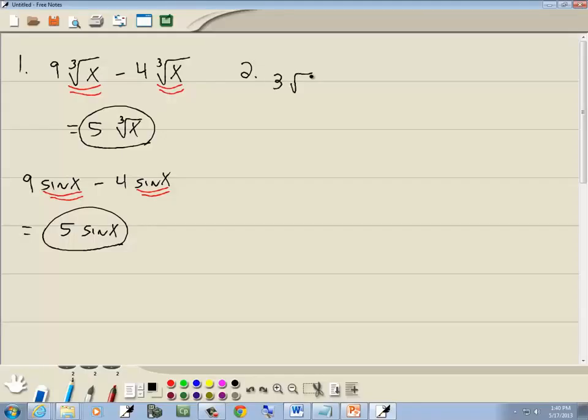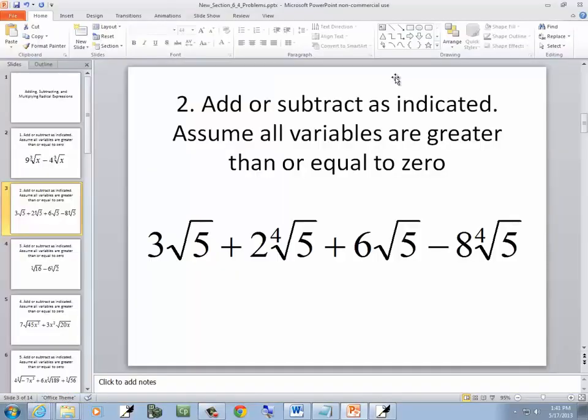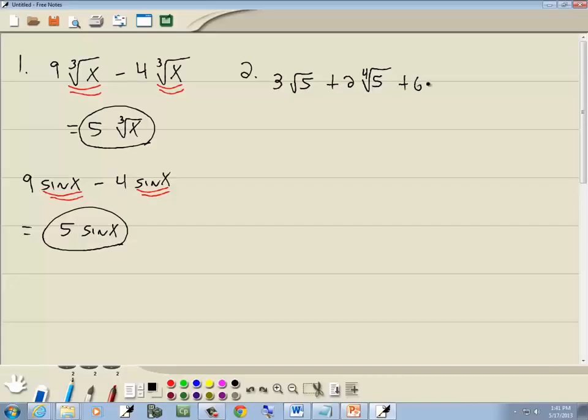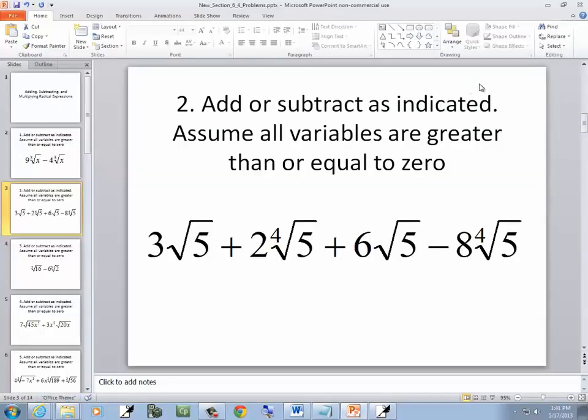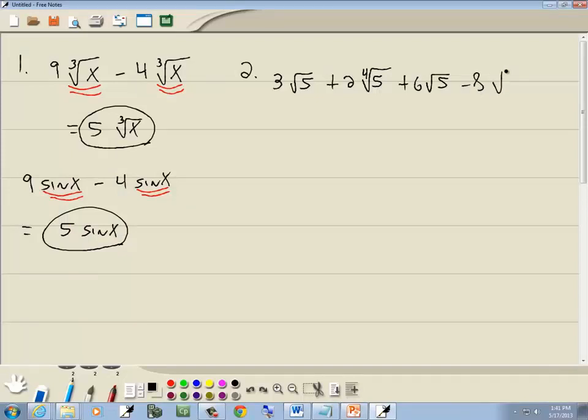We've got 3 square root of 5 plus 2, the fourth root of 5, plus 6 square root of 5 minus 8 fourth root of 5. Now all these are radicals, and they all have 5s in them. But notice some of them look different. This has an index of 4, and these are just square roots, which means the index is 2.